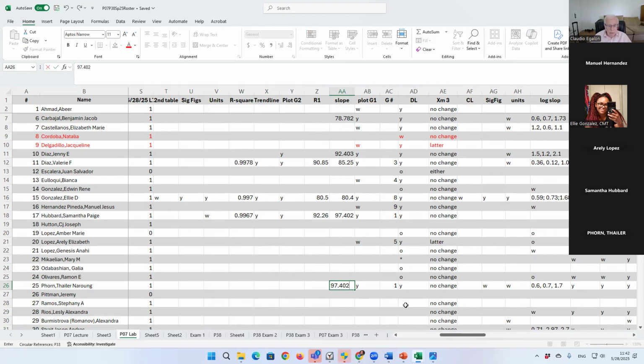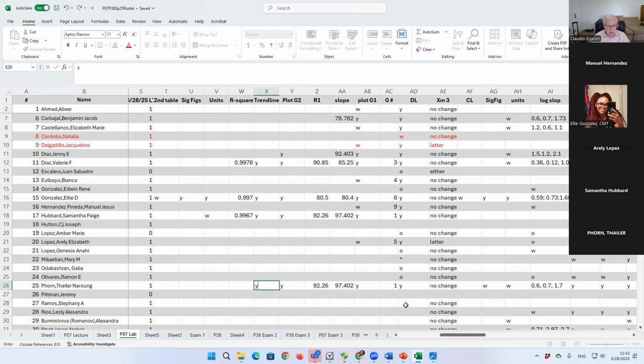Okay. And what is the resistance, the first resistor that you got there? 92.26. Okay. So just like the other, it is a 5% difference, right? Did you plot the second graph? Yes.